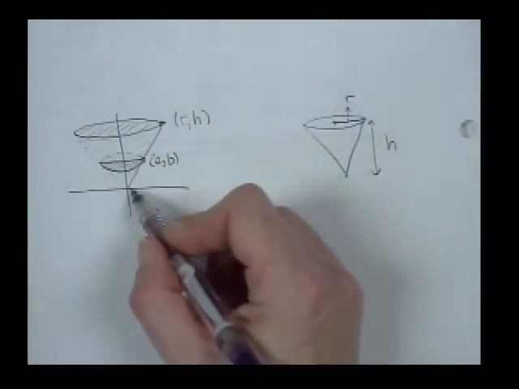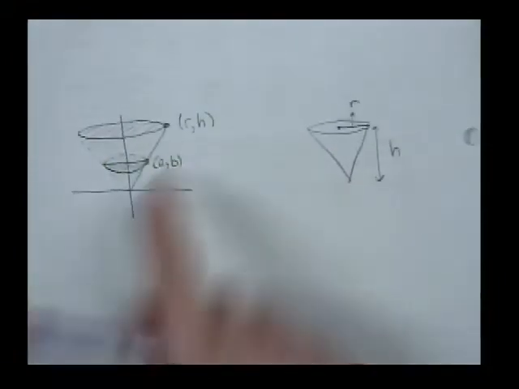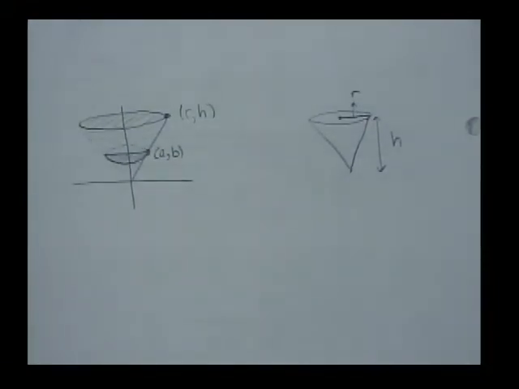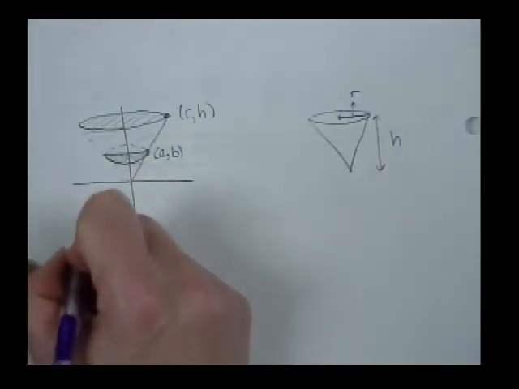The x's go from 0 to r, the y's go from 0 to h. This is some intermediate point. And so to find the volume of revolution, we have to integrate the cross-sectional area. So I want to find the area of a cross-section.